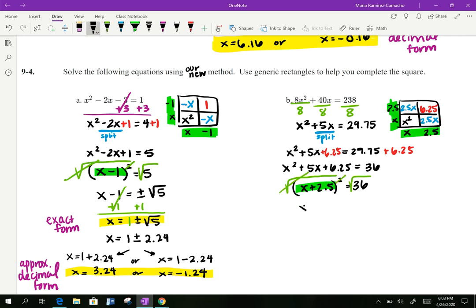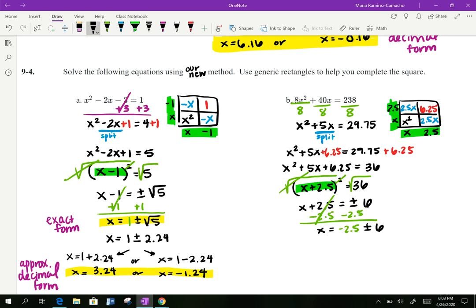I get x plus 2.5 equals plus or minus the square root of 36, which is 6. Okay? Subtract the 2.5 over to the other side. I end up with x is equal to negative 2.5 plus or minus 6.